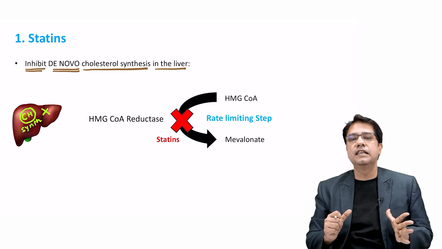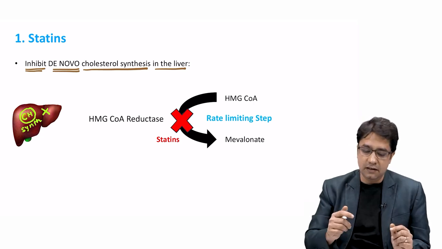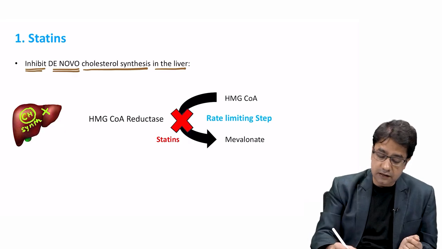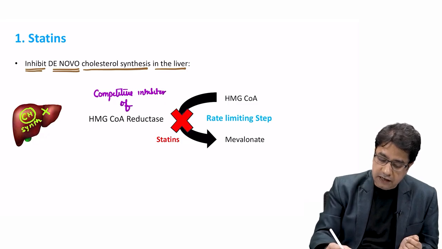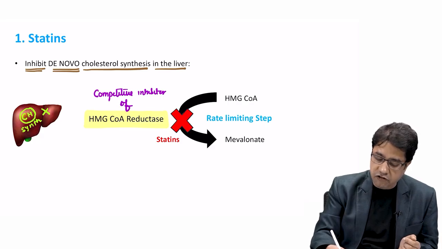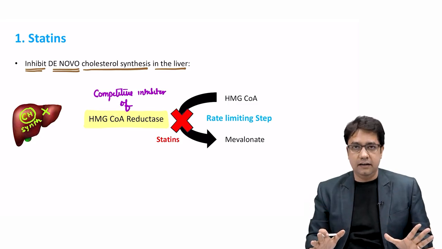Now, how do statins inhibit cholesterol synthesis in liver? This is a very important point. Statins are competitive inhibitors of an enzyme known as HMG-CoA reductase enzyme in liver. What is the function of HMG-CoA reductase?